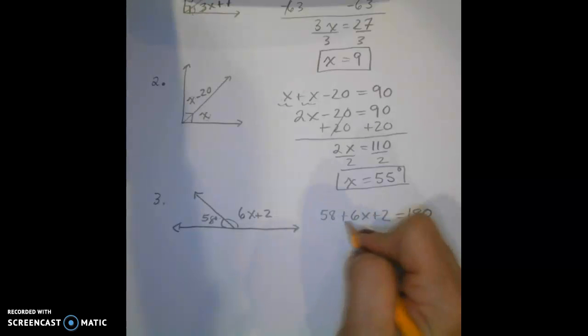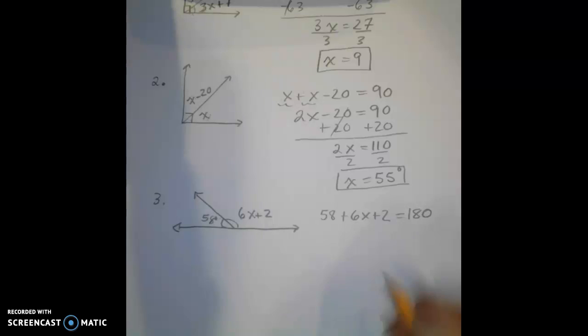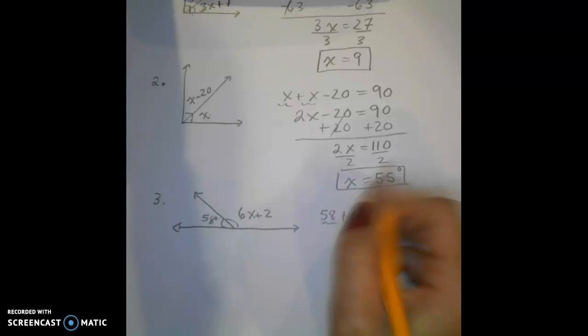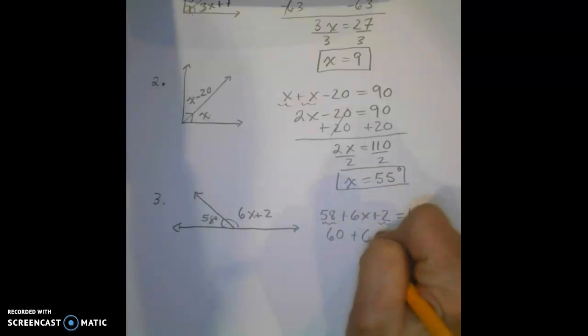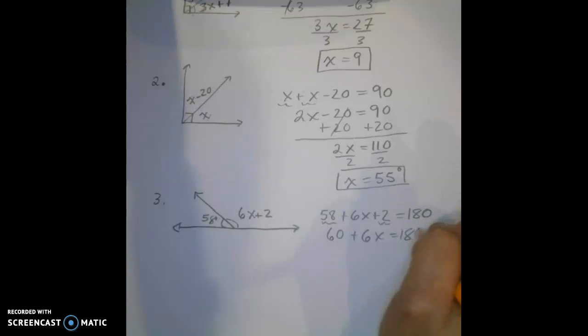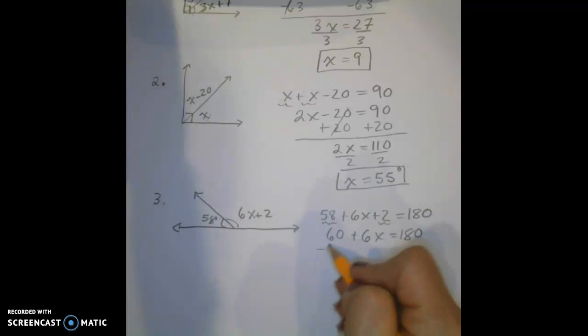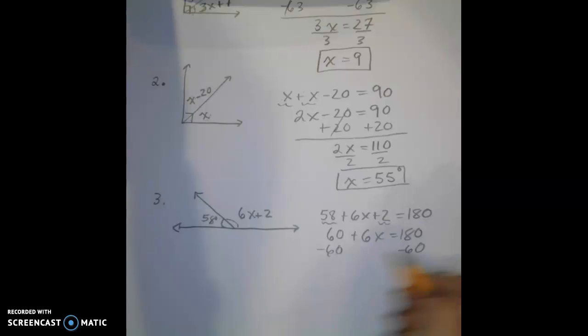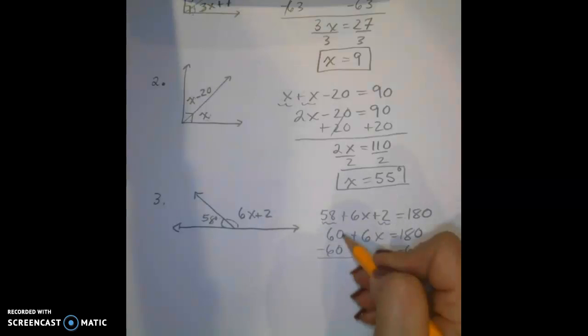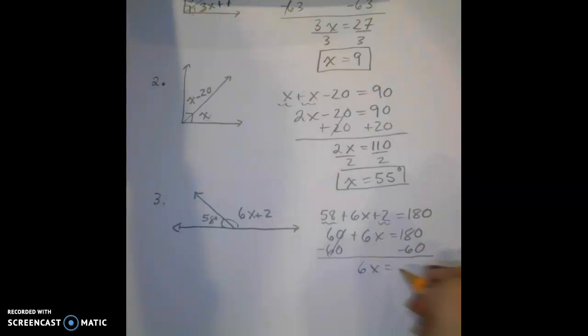One angle plus the other angle equals 180. We'll combine our like terms. Subtract 60 from both sides. And divide by 6. And I've got x equals 20.